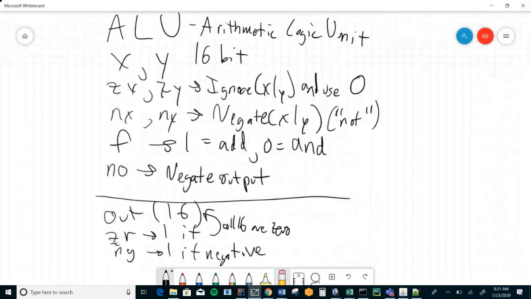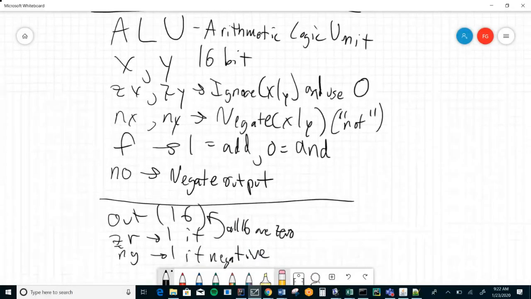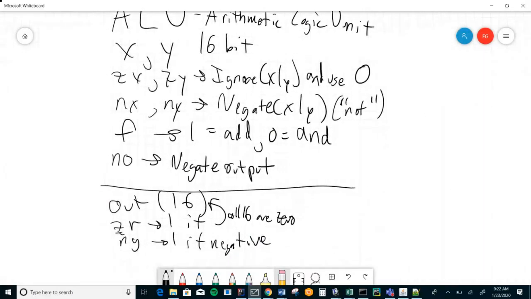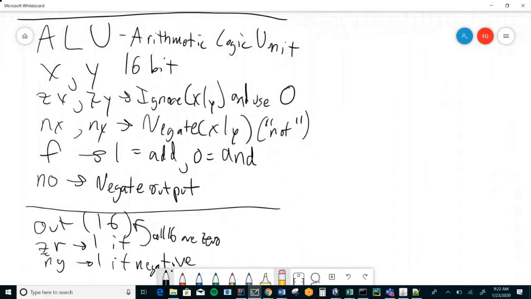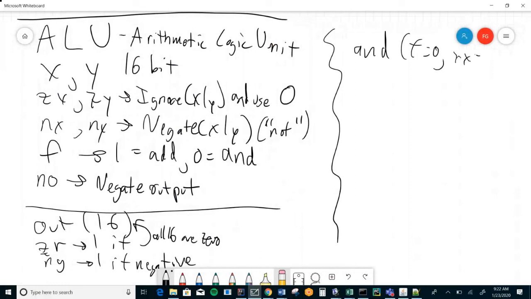What we're concerned with is what configuration of these bits gets us where we want to go. AND itself, of course, is very easy. We just say f equals 0, and zx, zy, nx, ny are all happily zeros, and we get an AND.